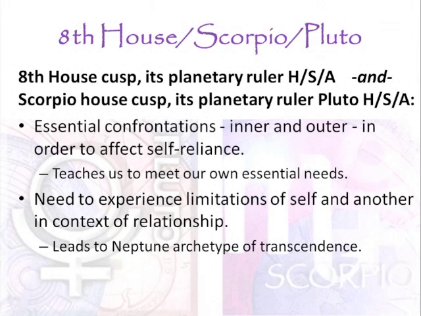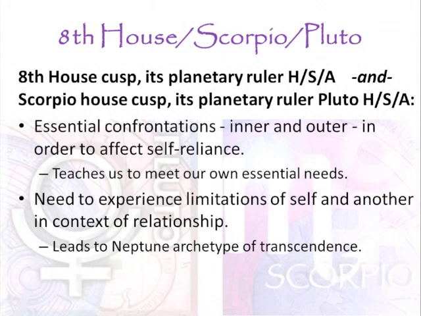It's going to describe essential confrontations, inner and outer, that we will attract in order to effect self-reliance, in order to continue to help us learn how to meet our own essential needs.